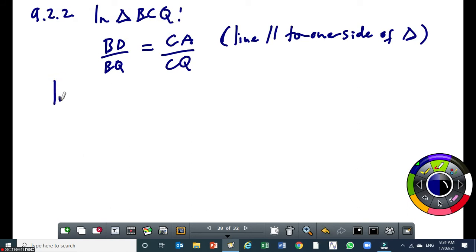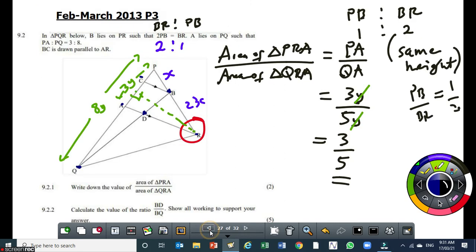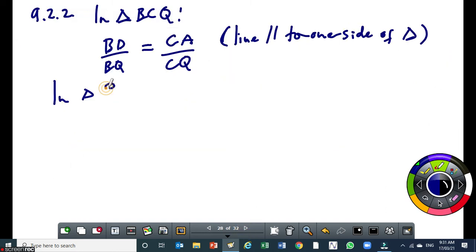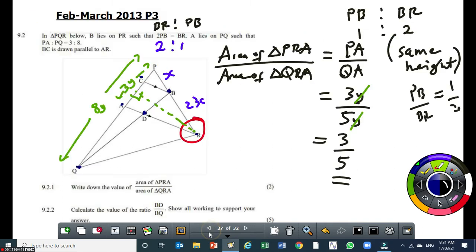So in triangle PAR, I use the proportion theorem there to find the length of AC. I can say PC over CA is going to be equal to PB over BR.